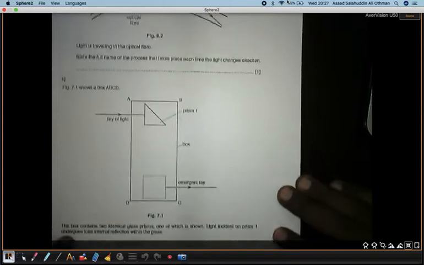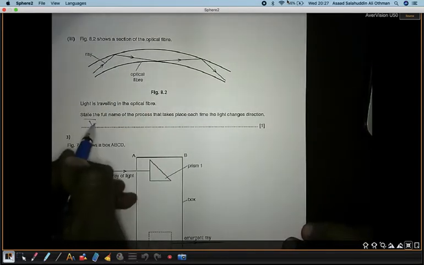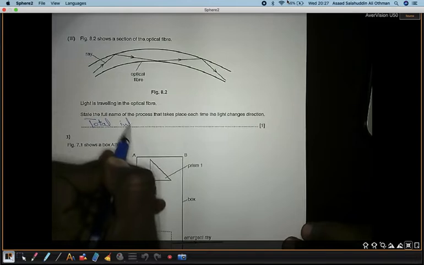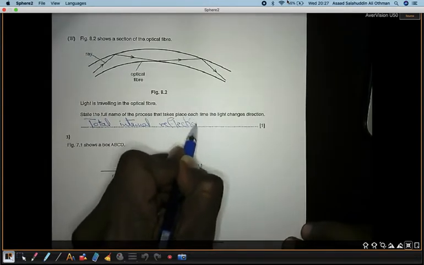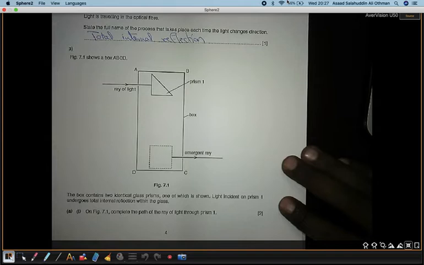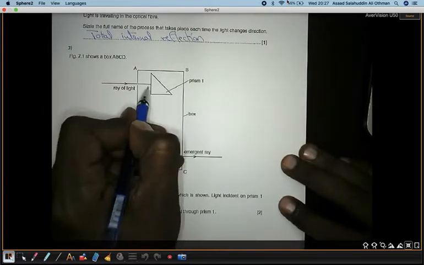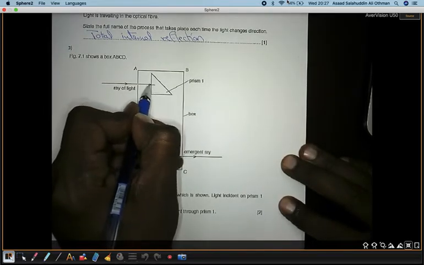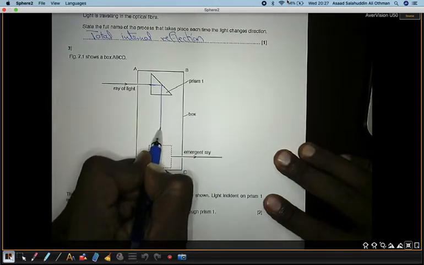After that, state the full name of this effect. This full name is called total internal reflection. That's the full name of it. And going down to this, it's called a periscope, guys. And in a periscope, light enters without bending. It reaches here, it totally internally reflects.